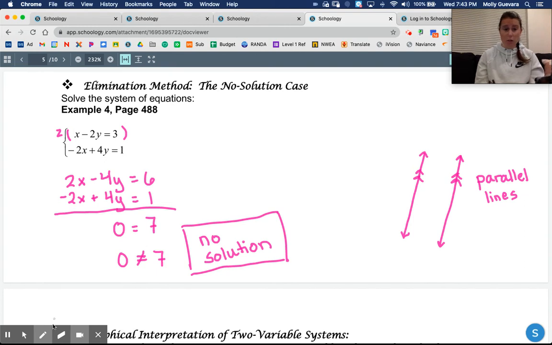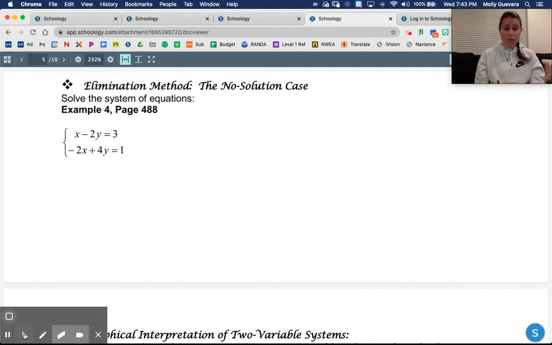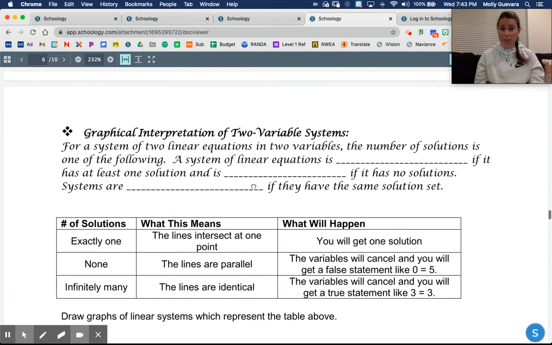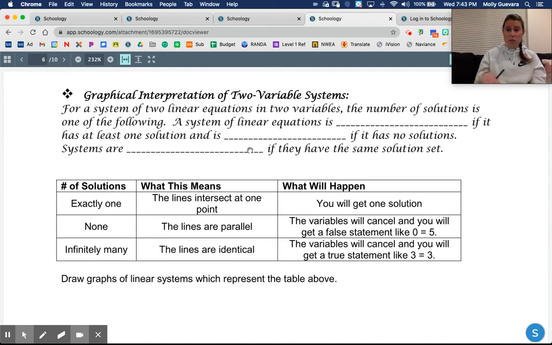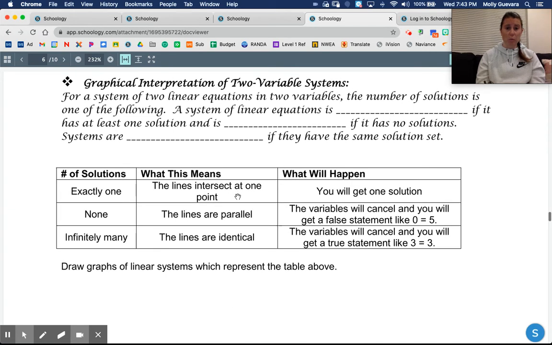That's nothing new. We are going to look at what it means, like I just said, when there's one solution or no solution or infinitely many solutions. So we're going to look at how I interpret the solution from the graph. It says for a system of two linear equations in two variables, the number of solutions is one of the following.